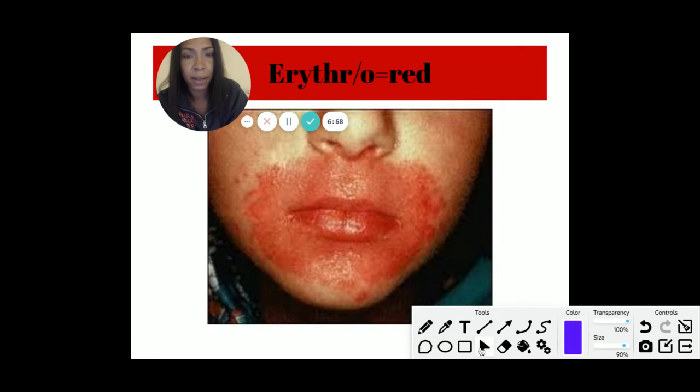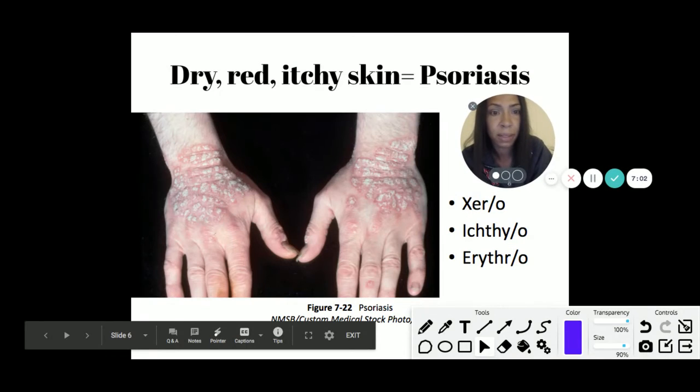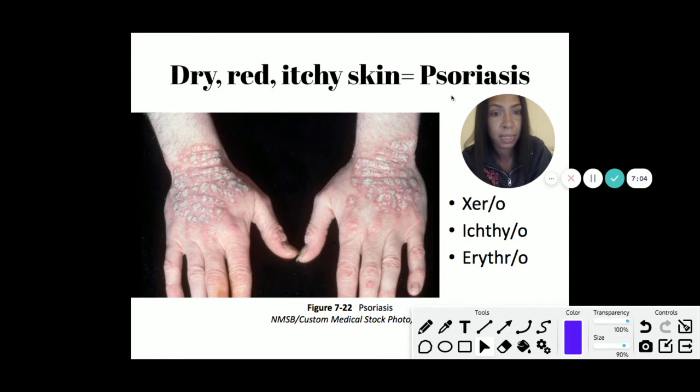Erythema is a way of talking about generic red skin condition. Okay, now yet another condition that we might want to look at is, let's look at the trifecta. So there is a skin disease called psoriasis. It's quite common, and it has dryness, redness, and itchiness or scaliness as a symptom. So we've got these scaly white puffs, we've got these red underlying swollen areas, and it's very itchy for people.